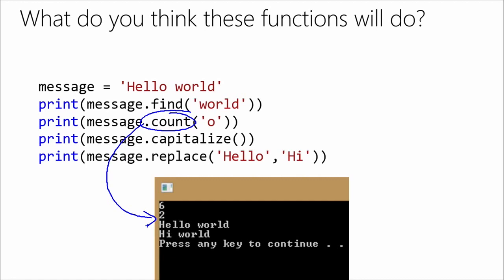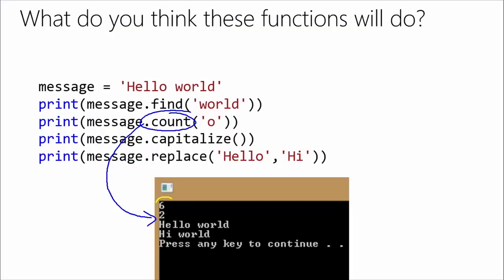But the question then becomes, well, what's it going to return? How is it going to tell me if it found the word world inside that string? Exactly. So let's reverse engineer here. Let's take a look at the number that we got. The number that we got was 6. What's the significance of 6?